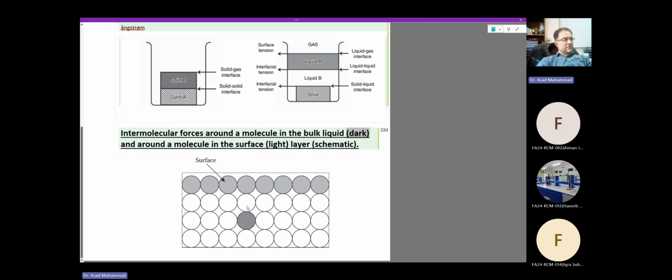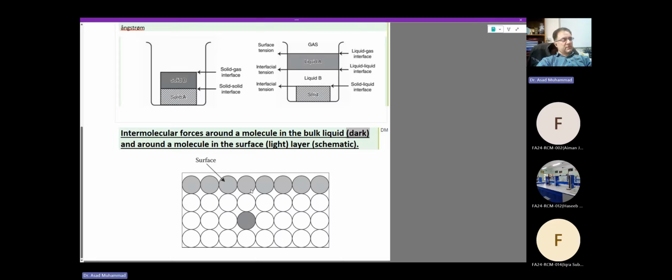If you look at this molecule again, the white above the dark gray one, you can see that it is again surrounded by molecules in all directions. So it means that whatever force is applied on this dark gray molecule is equal in all directions.